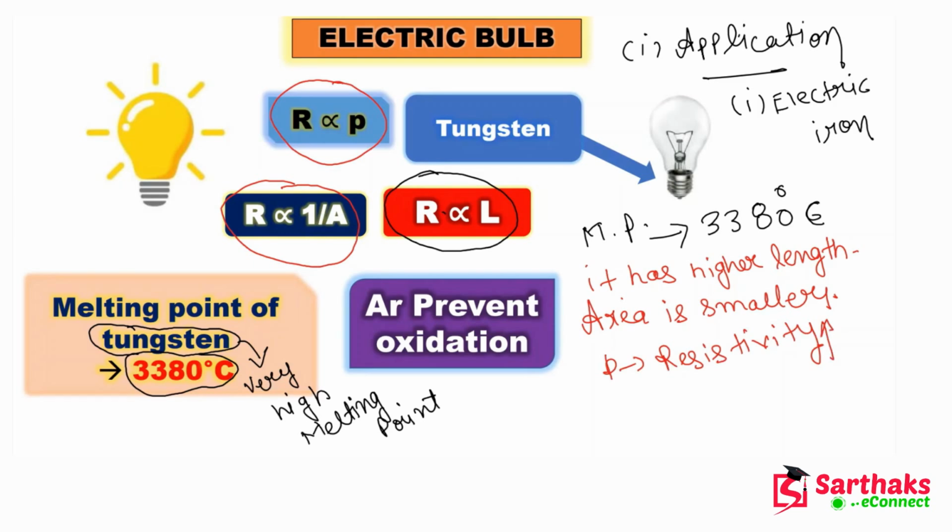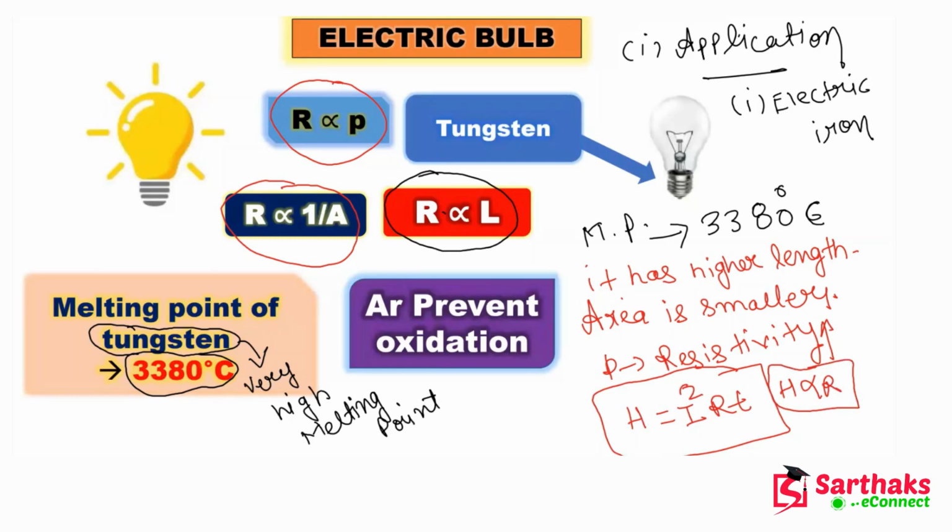Basically, what we want to do is increase the resistance, so that if the resistance is higher, then even with a smaller current the heating effect will be higher, because we know the heating effect can be written by the formula I squared R T, where the heating effect is directly proportional to the resistance.